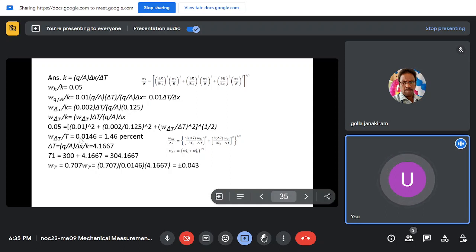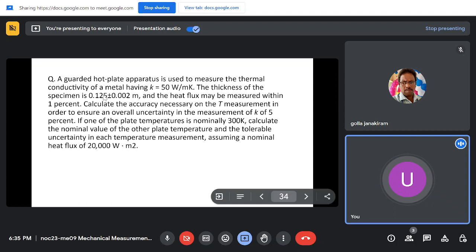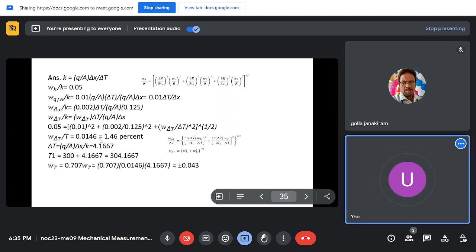Heat flux is 20,000 watt, delta X is given as 0.125 and K is 50. On substitution we'll get 4.16667. So we know the temperature of the other plate.